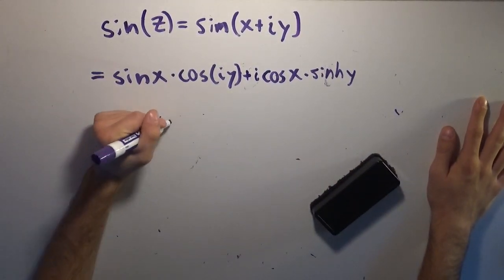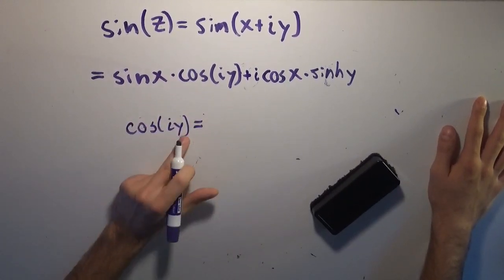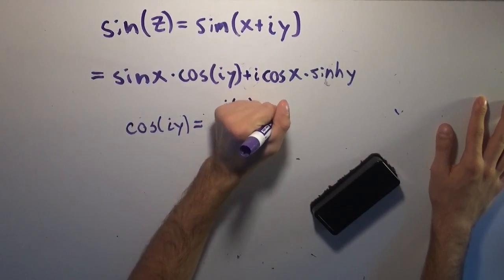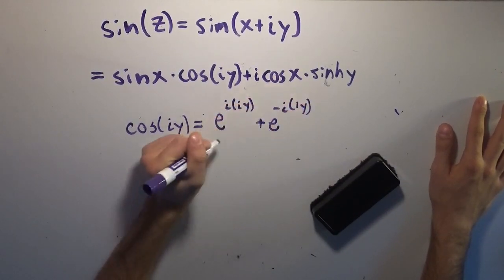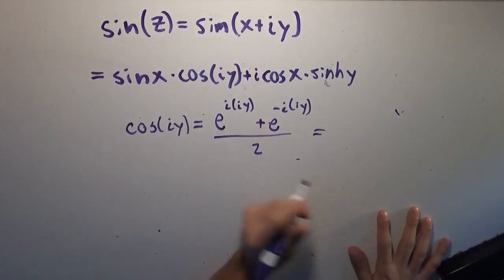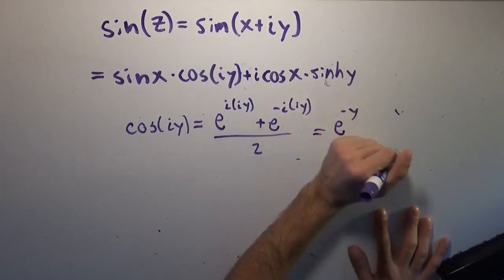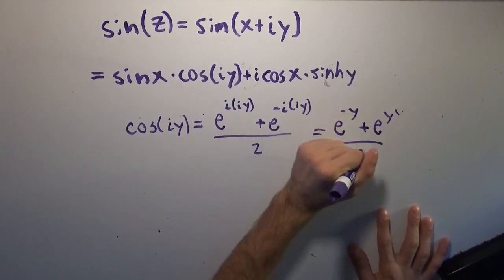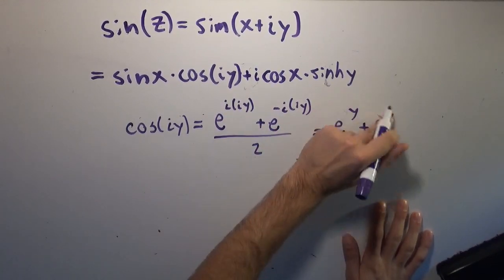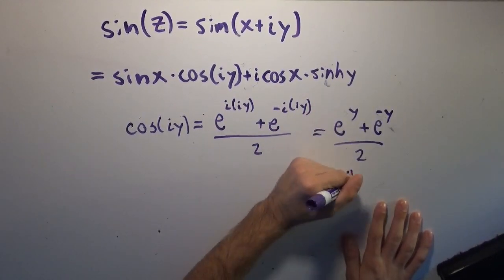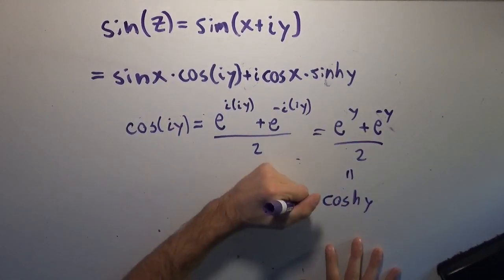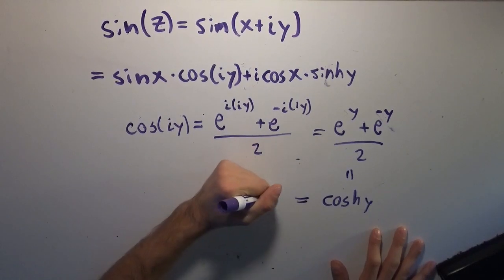So cosine of i times y is equal to e to the i times iy plus e to the minus i times iy divided by 2, right? Same simplifications, we end up with e to the minus y plus e to the y all over 2, and we can simply flip the sum because sums are commutative, and here we have our definition of the hyperbolic cosine of y, which is of course, just by coincidence, equal to cosine of iy.